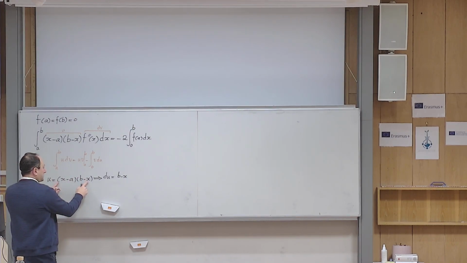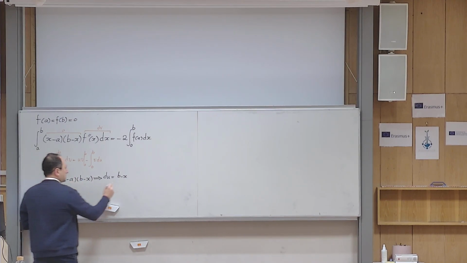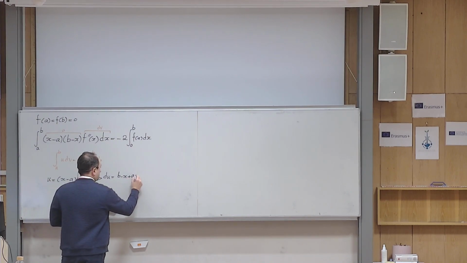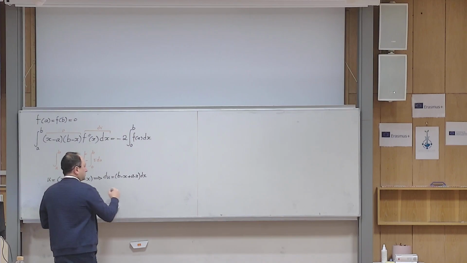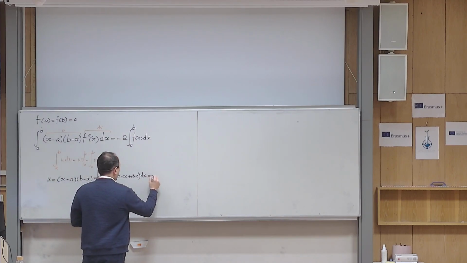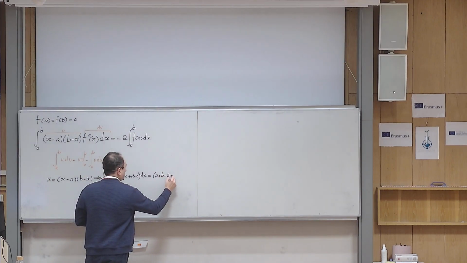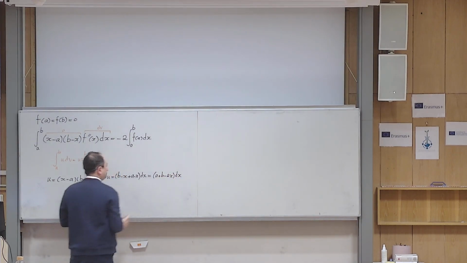The derivative of the second one is minus 1. When I multiply it here, it becomes a minus x. And then, of course, I have dx. So let me now combine these two x's. So I will have (a plus b minus 2x) dx.